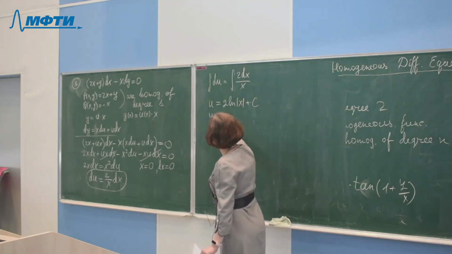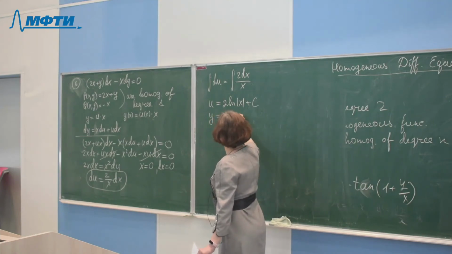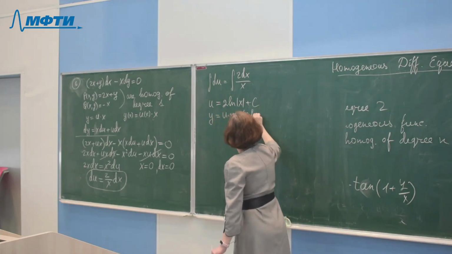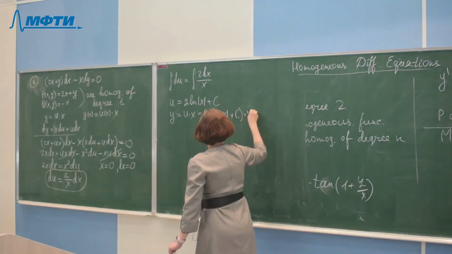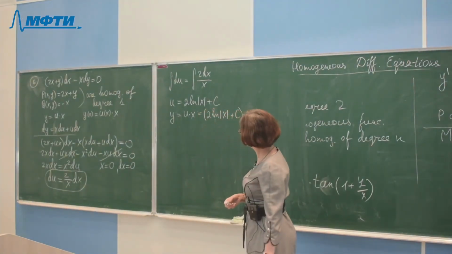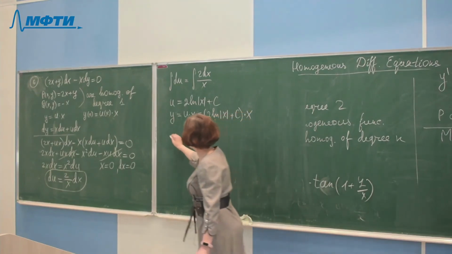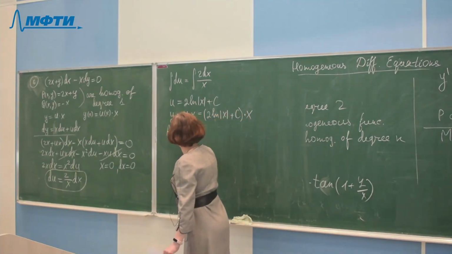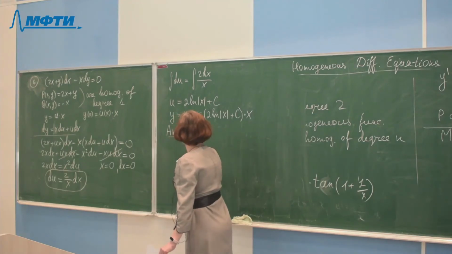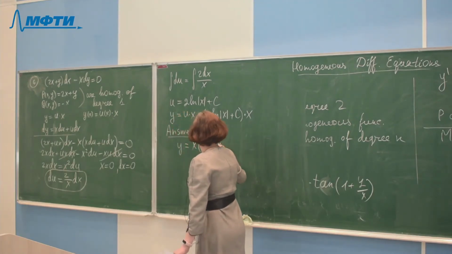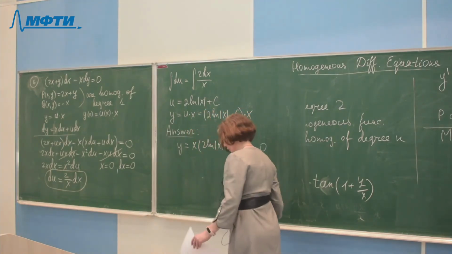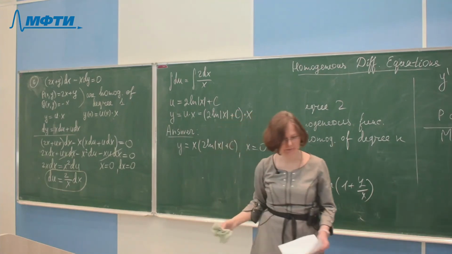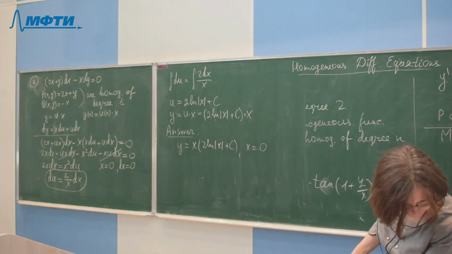Y is equal to u times x, so it is equal to (2 ln absolute value of x plus c) times x. So this is the answer: y equals x times (2 ln absolute value of x plus c), and x equals 0 is a particular solution. Okay.